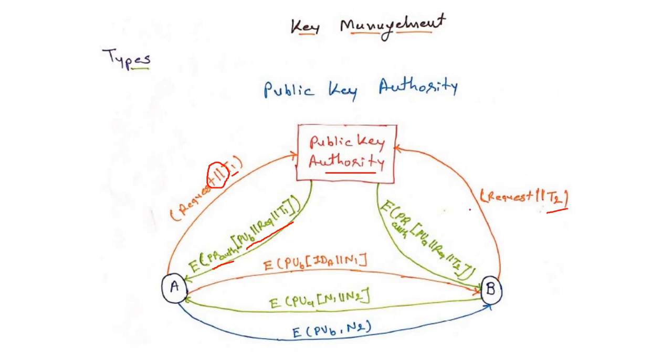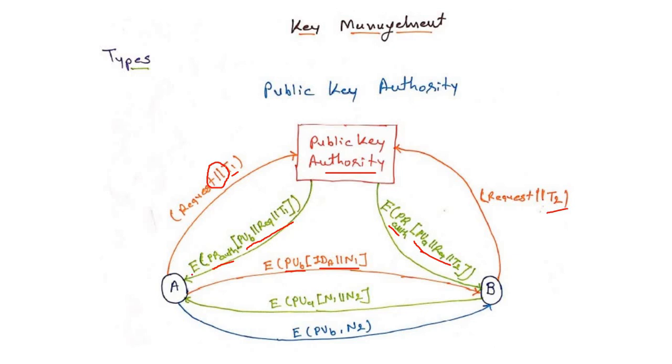Same thing. Whenever B requests, there is a private authority and the public key of A and the request appended with T2. So A has a private authority for communicating with B, and B has a private authority to communicate with A. Same thing here, A is requesting B, with the public key of B, the identification of A and nonce 1.